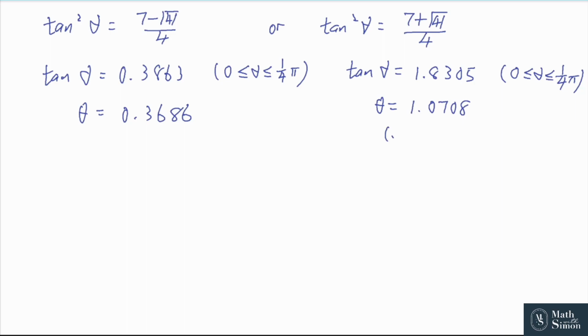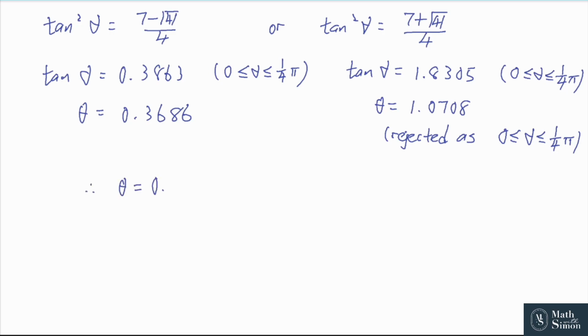So we are going to reject this one. Again, what is the reason? This is already more than 1 over 4 pi, and the value of 1 over 4 pi is actually 0.7 something. So this is already more than 1 over 4 pi there.